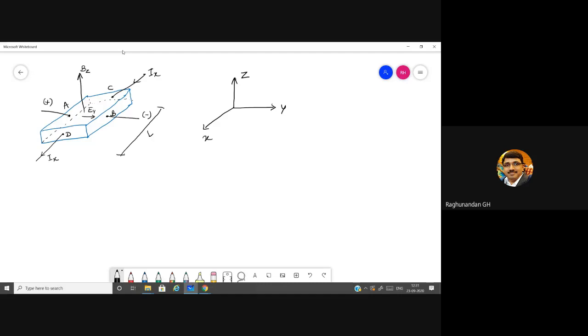Because of that, if you connect a voltmeter across points A and B, you will experience some voltage. This voltage is known as Hall voltage, and the effect due to which Hall voltage is created is known as the Hall effect.